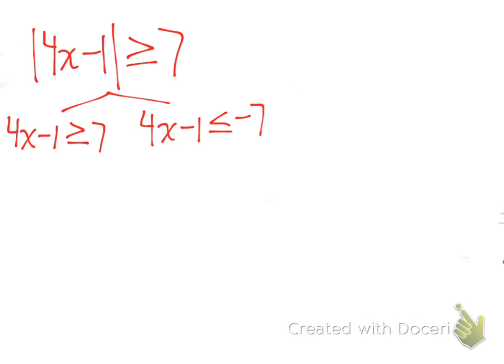Now we need to solve them. To solve, we're going to add the 1. 4x is greater than or equal to 8, and then so x is greater than or equal to 2. Oh, one thing we haven't done yet on this problem that we should have done.